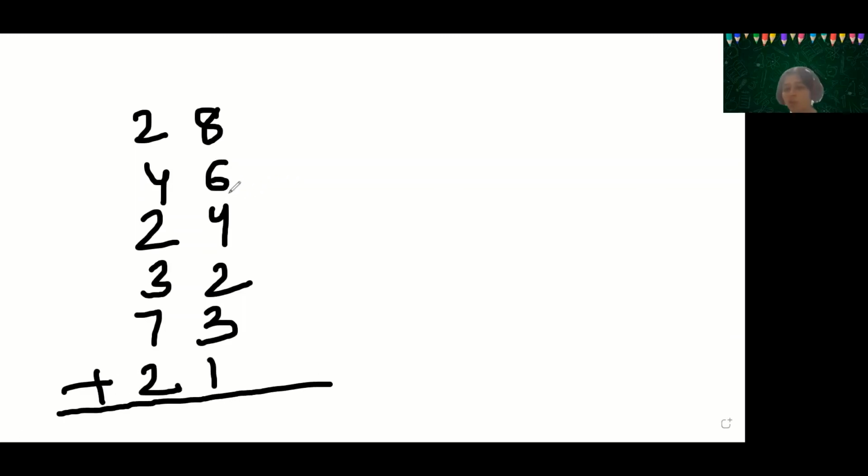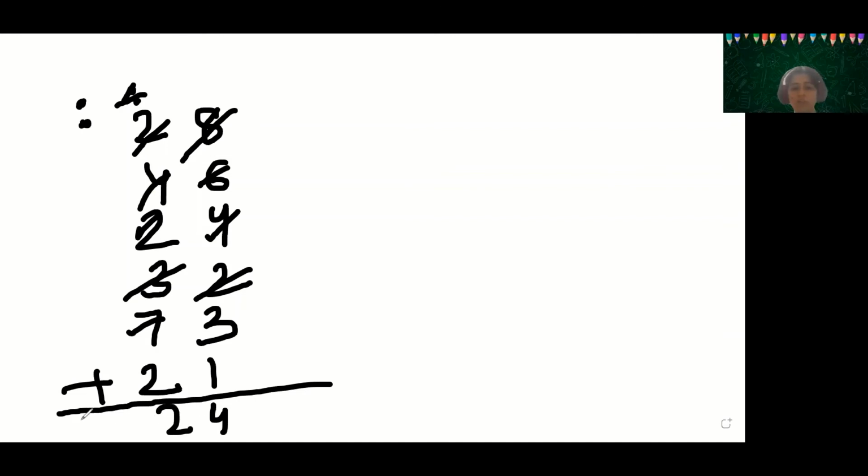So you need to find the combination: 6 plus 4, 1 dot. 8 plus 2, 1 dot, 4. Again find the combination. 3 and 7, 1 dot. 4, 2, 2 is 8 and 2 is 10. 1 dot, 2 is remaining 2. 224. 224 is the answer. Is it clear?